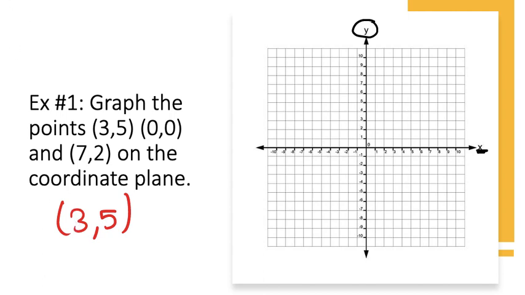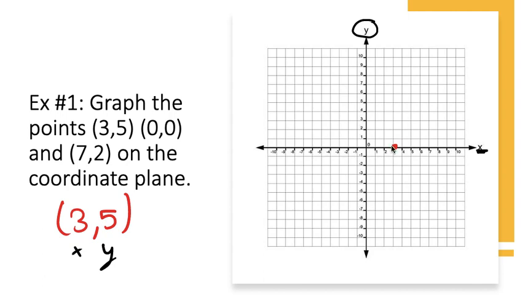And we know that 3 is the x value, 5 is the y value. So let's check the x value first. We have 3. So we're going to go 1, 2, 3. So we land at this point right here.